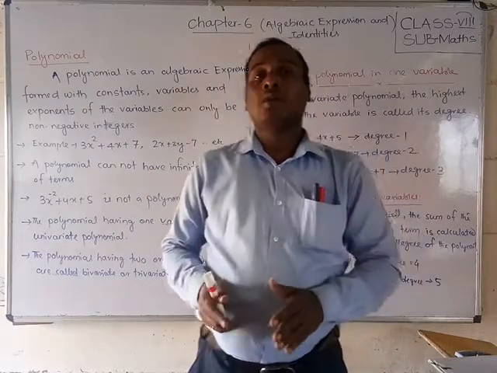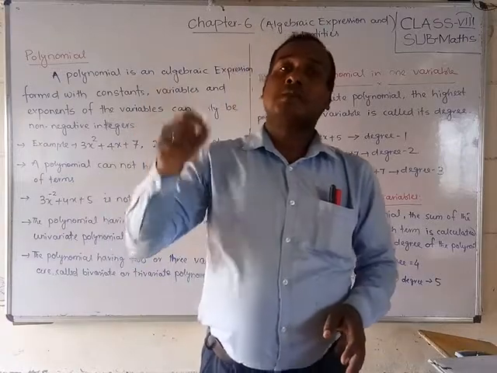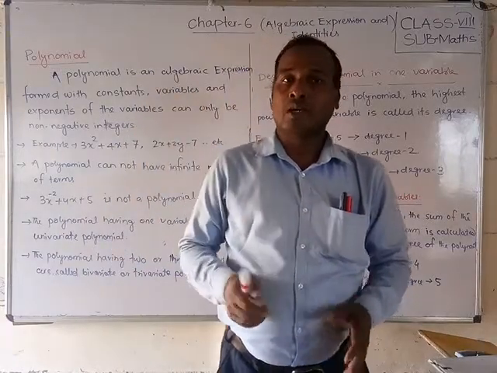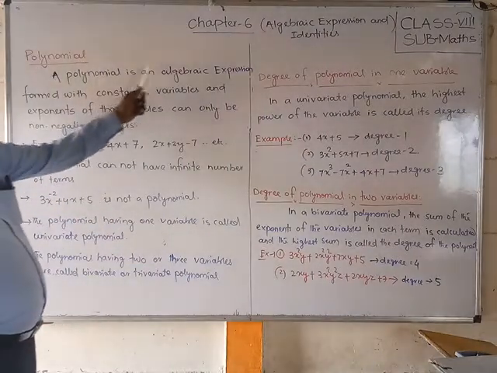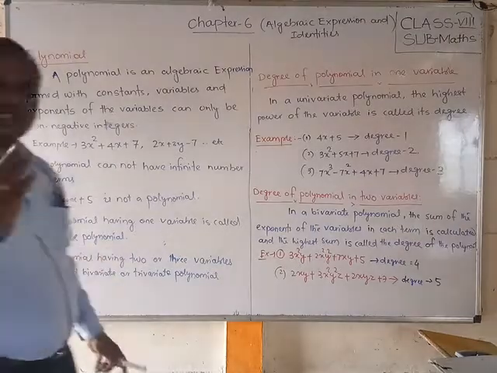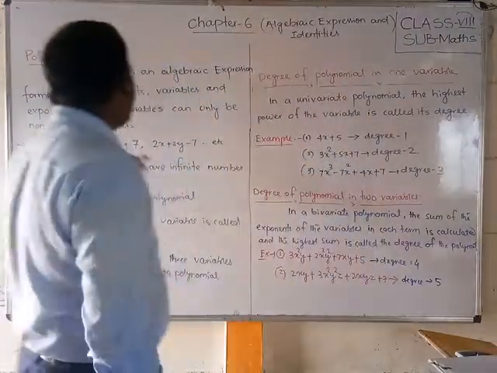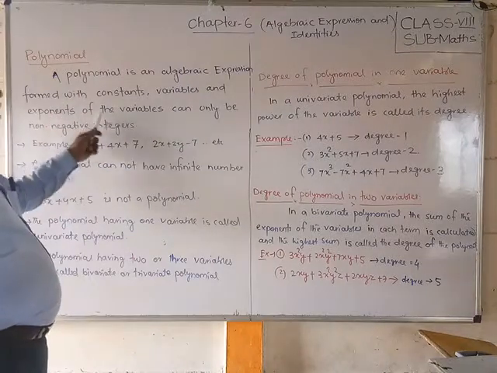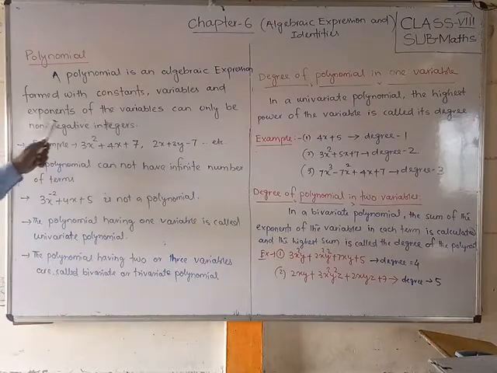But in a polynomial, the exponents of the variables should always be positive integers. So a polynomial is an algebraic expression formed with constants, variables and exponents, where the exponents of the variables can only be non-negative integers.